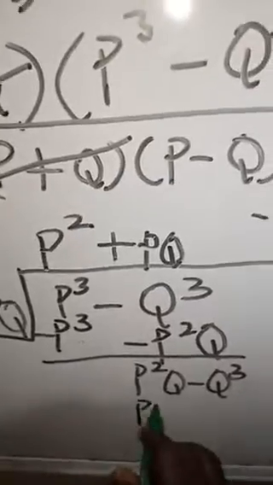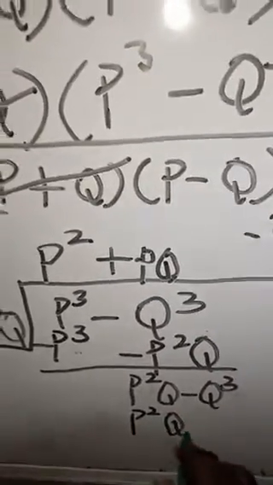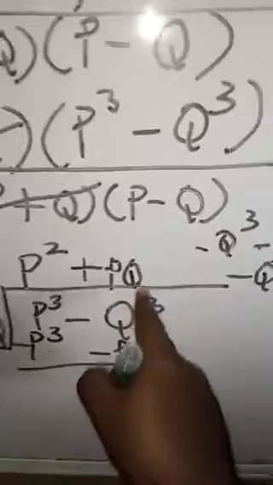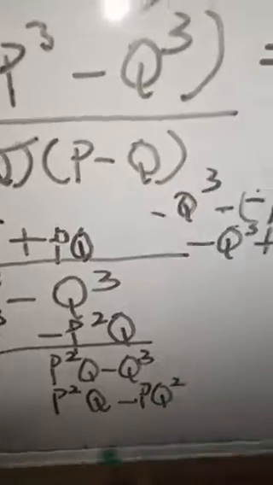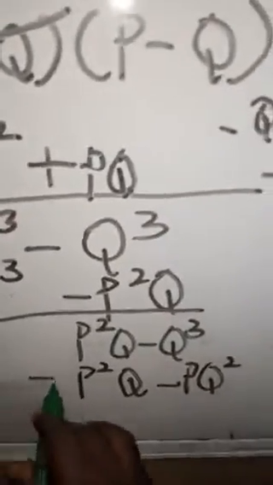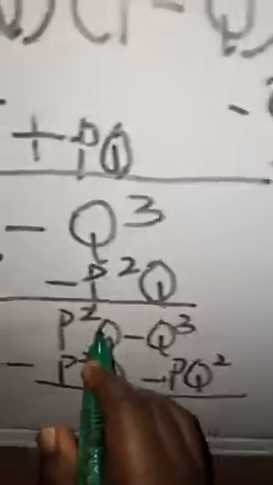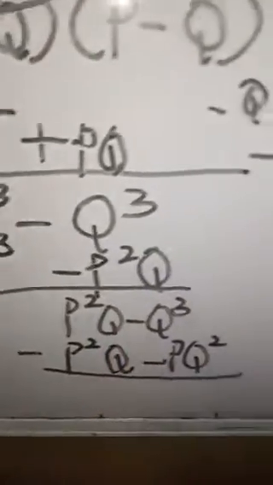Now this pq, we are going to use it to multiply this. Pq times p gives us p square q. Then minus pq times q is minus pq square. So we are going to subtract again. P square q minus p square q is 0.